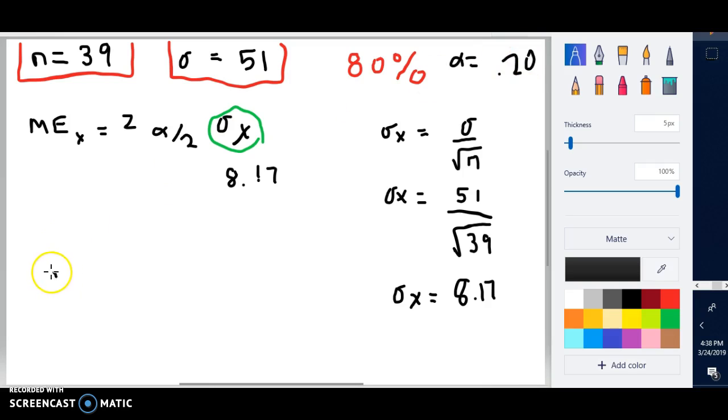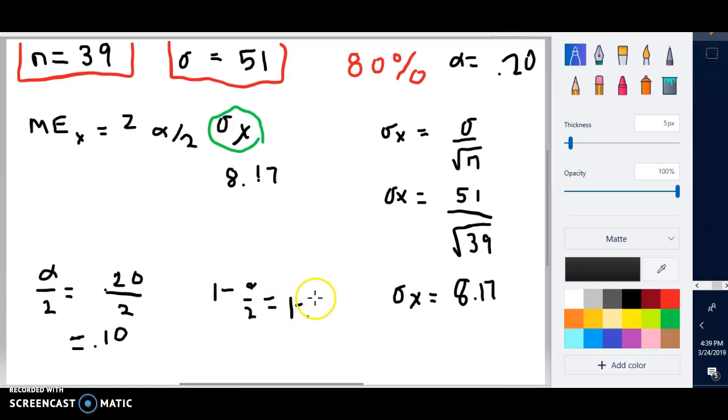So we have to do alpha divided by 2, which is 0.20 divided by 2, which is 0.10. So alpha over 2 is 0.10. And then we have to say 1 minus alpha over 2, which is 1 minus 0.10, which would give us 0.90.